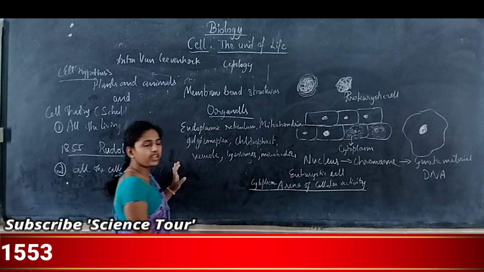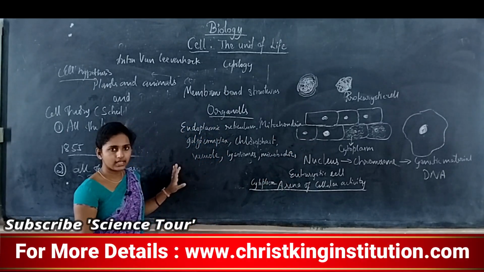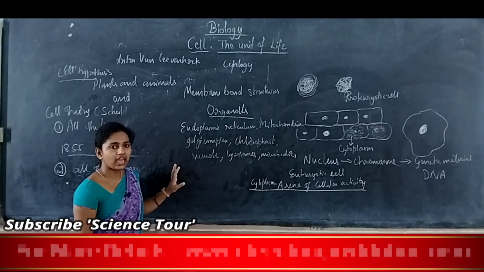These are the different kinds of membrane bound organelles present within a eukaryotic cell.